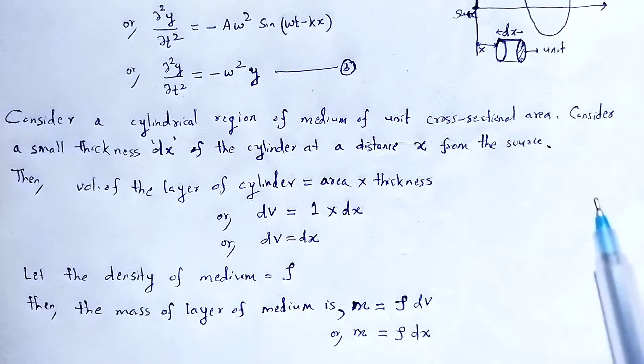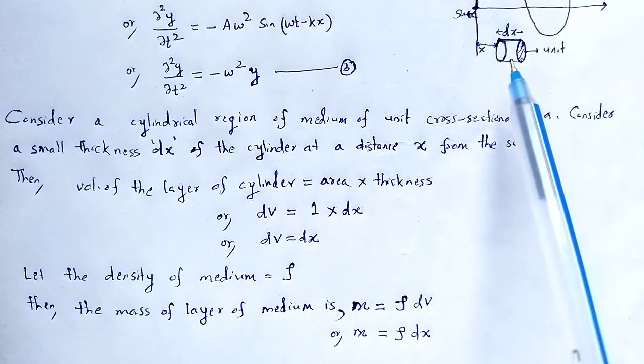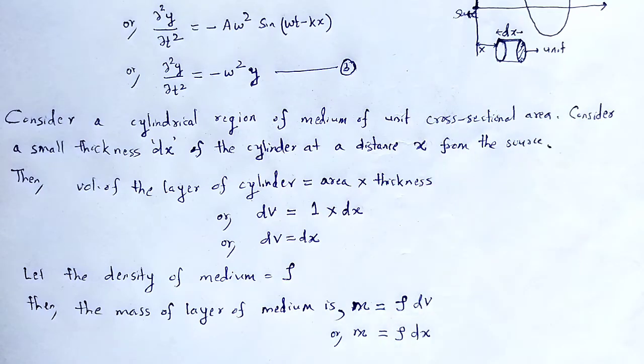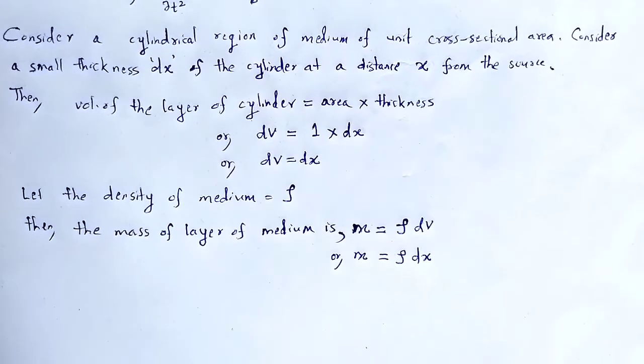Now, the total energy of the layer is due to its kinetic energy plus potential energy. First we calculate the kinetic energy of the layer.